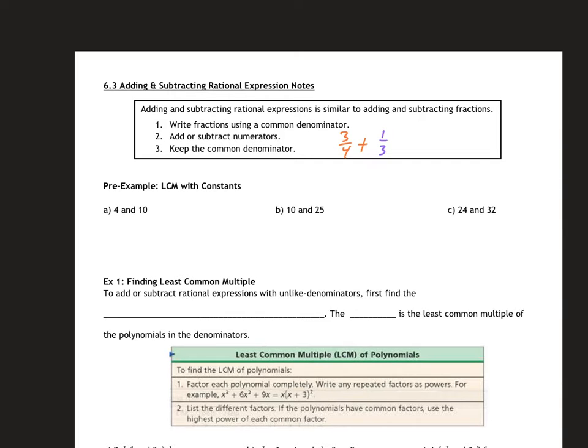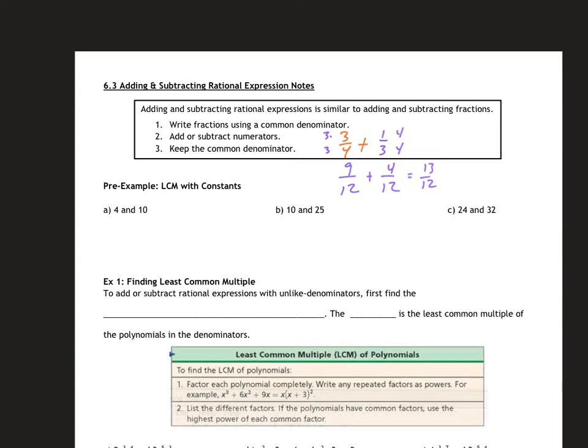Remember, without simplifying this, I needed to find the least common multiple. So 4 and 3, the smallest common denominator would be 12. So I'd multiply this one by 3 over 3, this one by 4 over 4, and you get 9 over 12, 4 over 12, and 13 over 12. So that process at the bottom, remember, is finding your least common multiple and going from there.